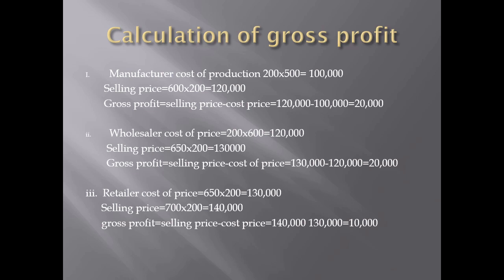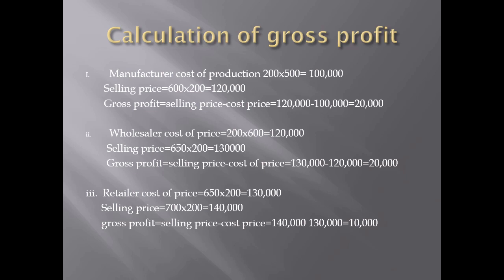For the retailer, cost price is equal to 650 naira times 200 units, which is equal to 130,000 naira. And then the selling price is 700 naira, times the units, which is 200. That will give us 140,000 naira.